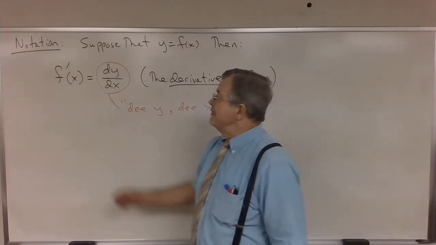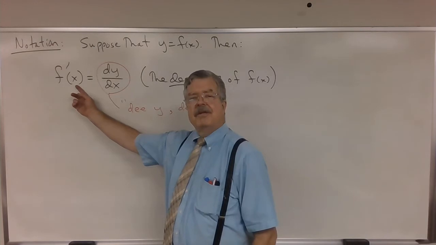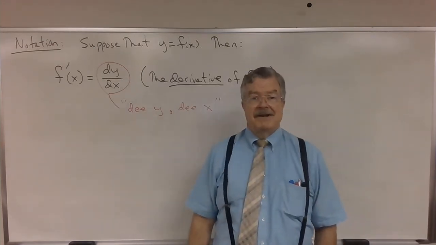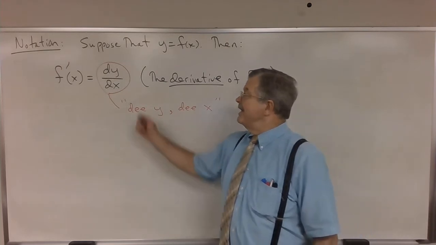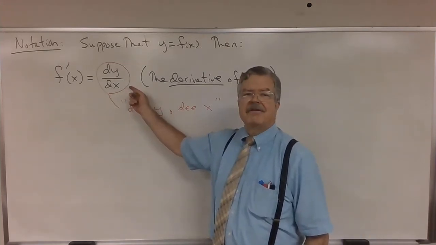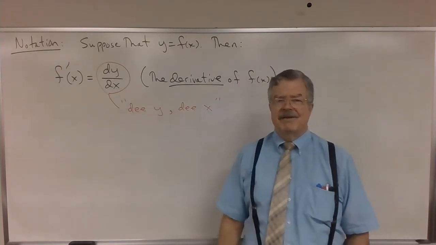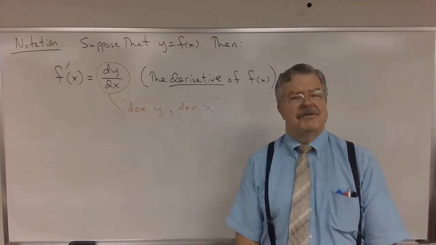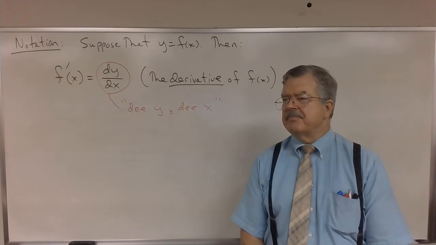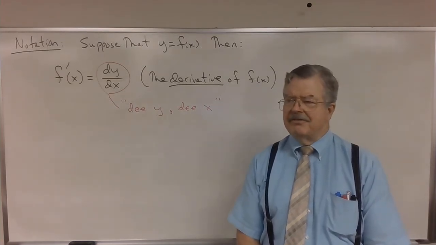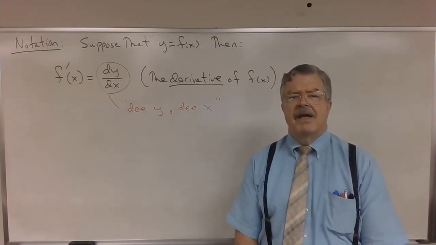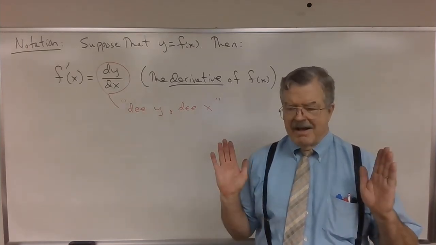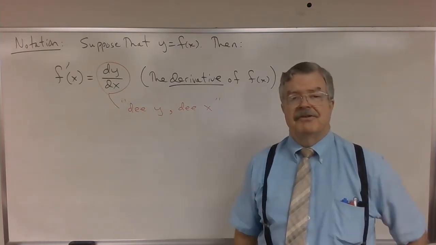So this is pretty much the notation that Isaac Newton used when he invented calculus. And this is the notation that Gottfried Leibniz used when he invented calculus. And both notations have survived down to this day. And it's not necessarily a bad thing. Each form of notation has its strengths and its weaknesses.